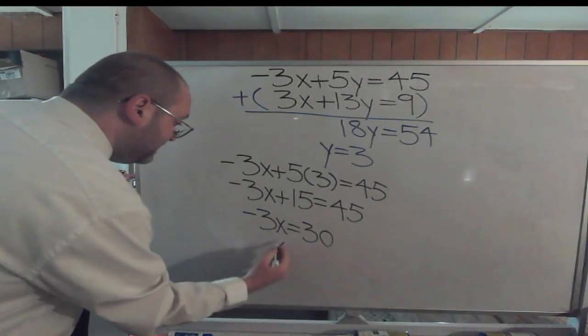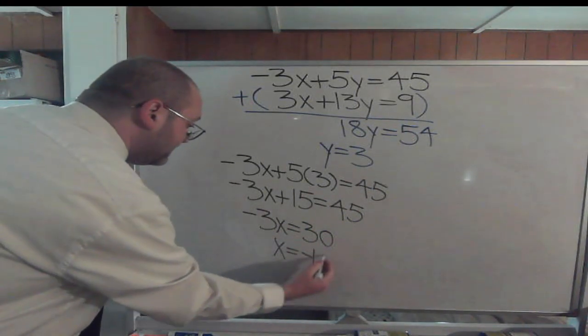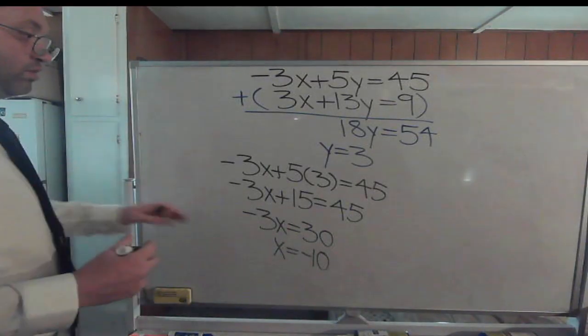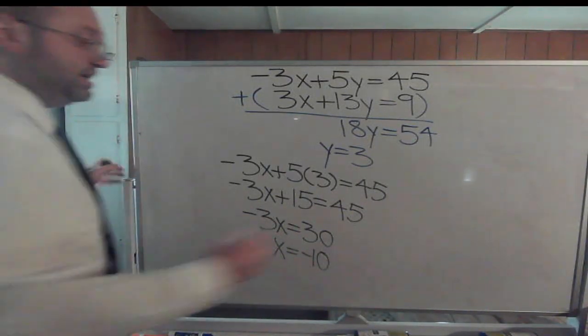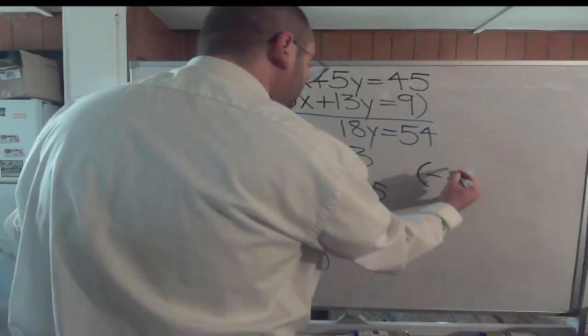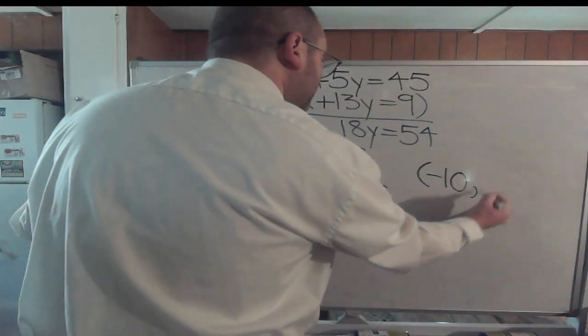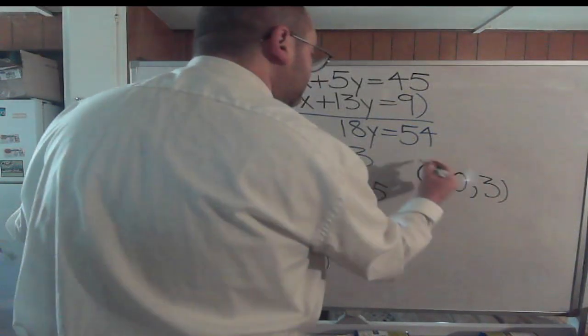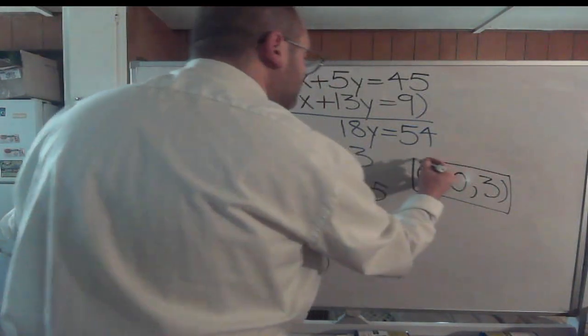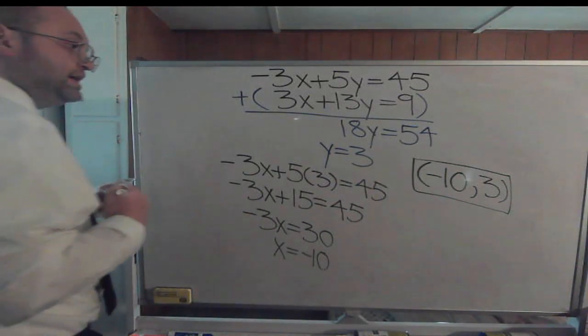So that means x would equal negative 10. So the x coordinate for the solution is negative 10. So I would get the ordered pair negative 10, 3 as my solution to this system of equations. You'll have negative 10, 3 as a solution.